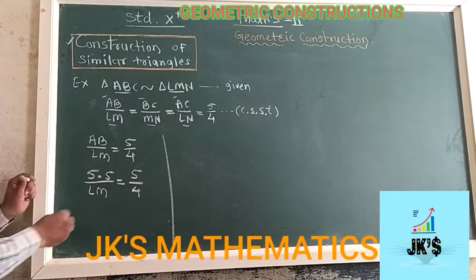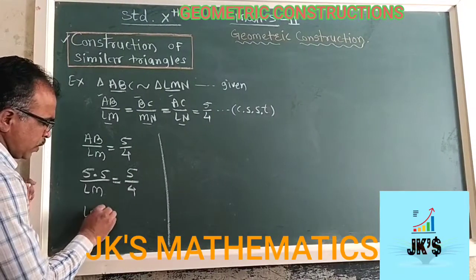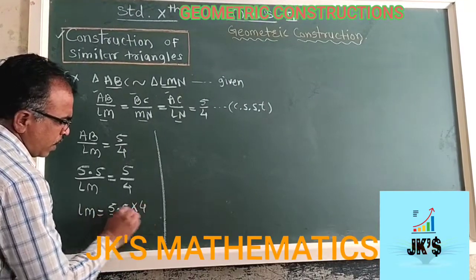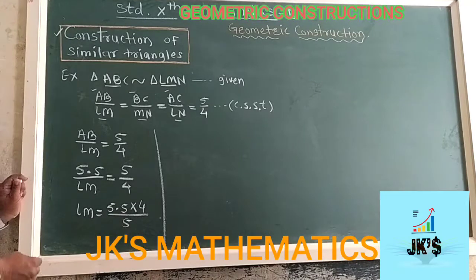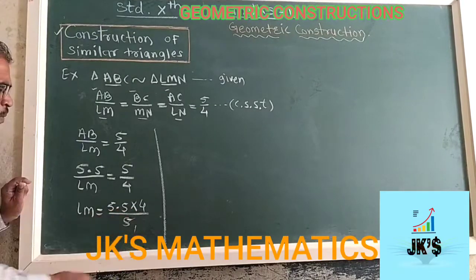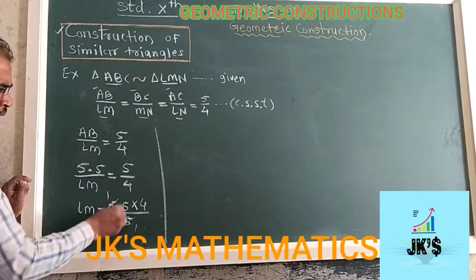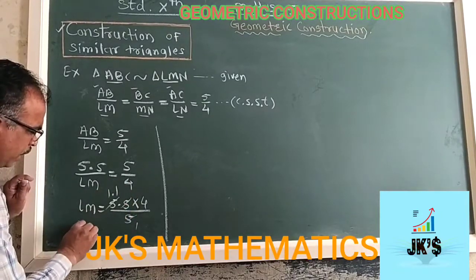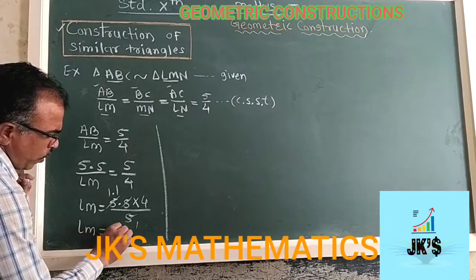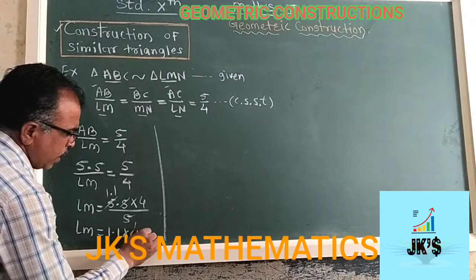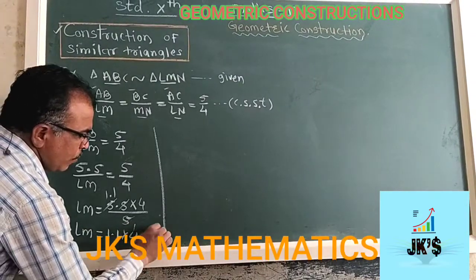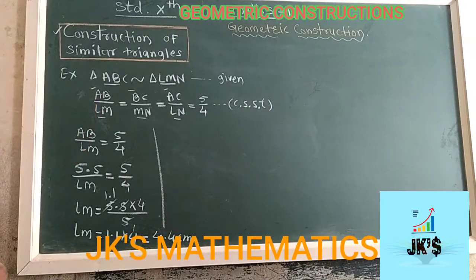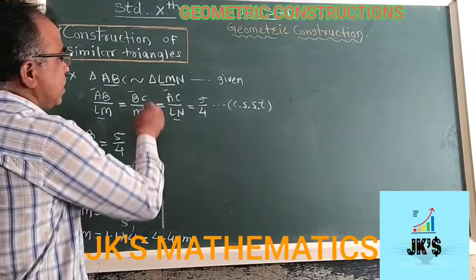Taking cross multiplication, LM equals 5.5 into 4 divided by 5. 5 ones are 5, 5 fives are 25, so LM equals 1.1 into 4 equals 4.4 centimeter. The length of LM is 4.4 centimeter.